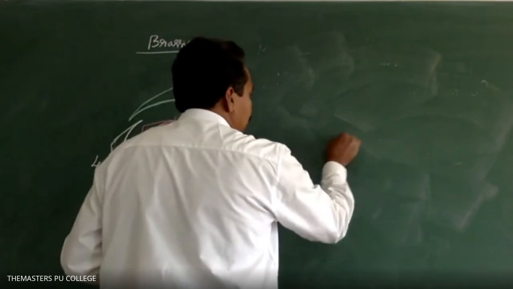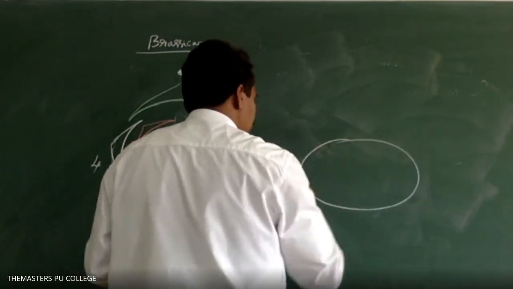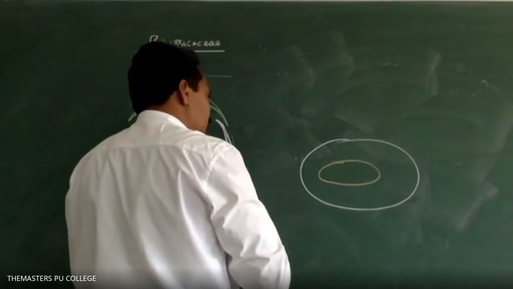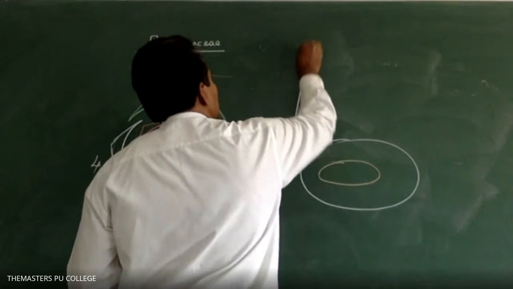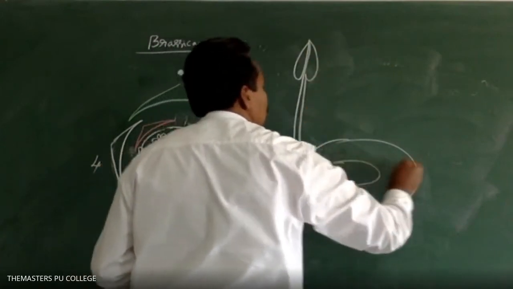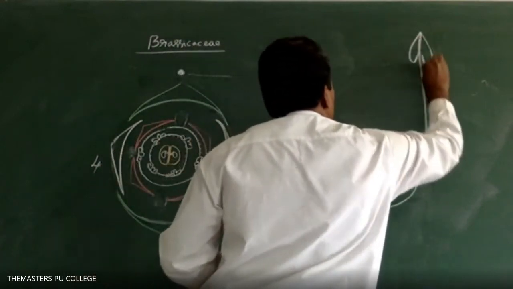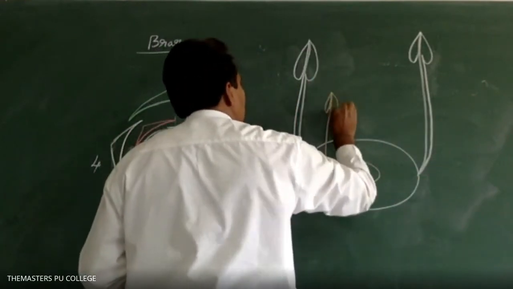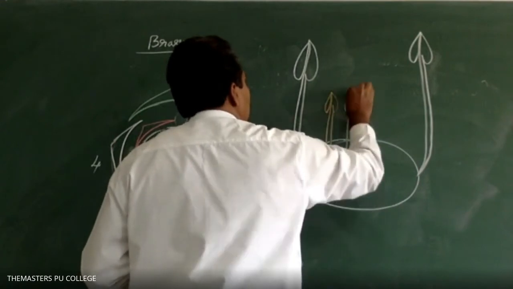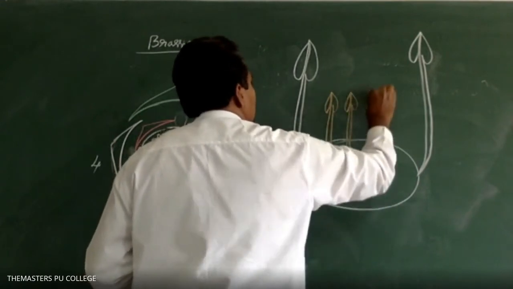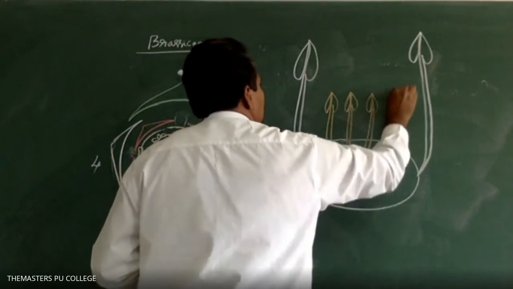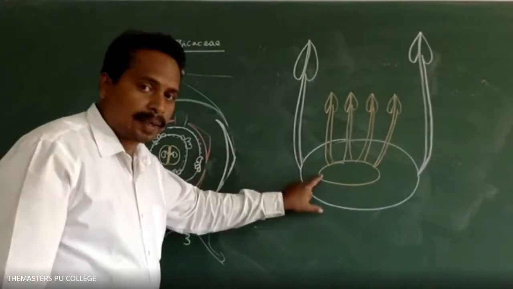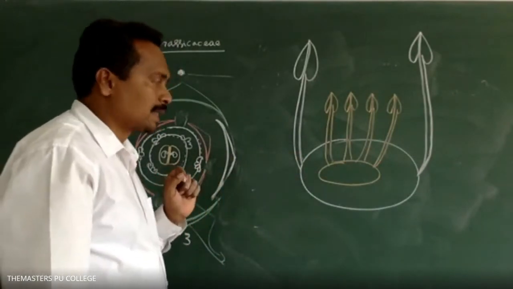So in this floral diagram, here I drew only the stamens. 6 stamens.